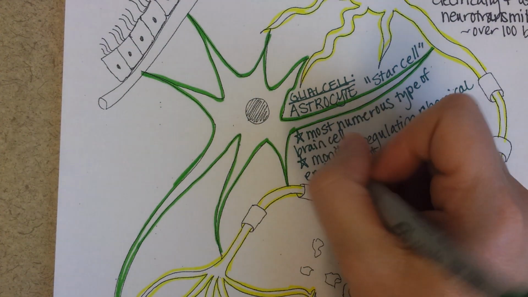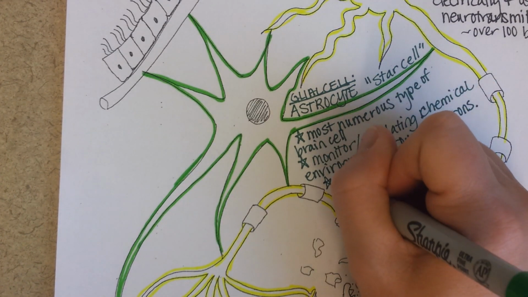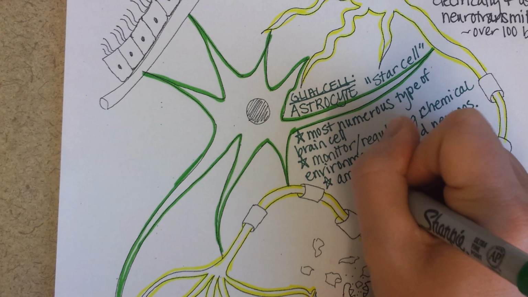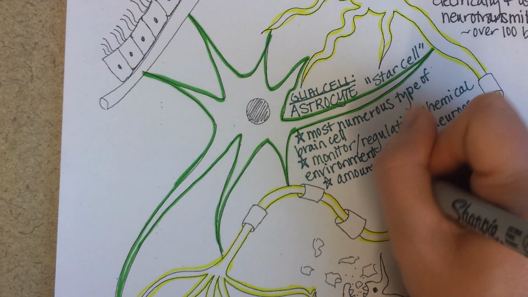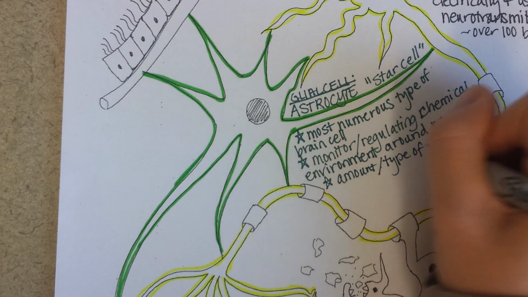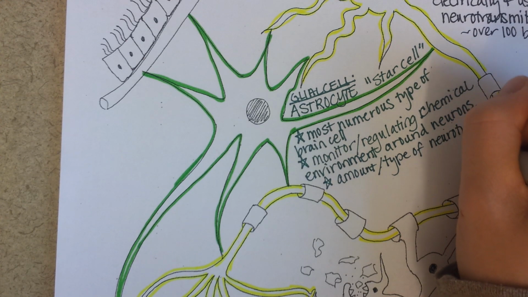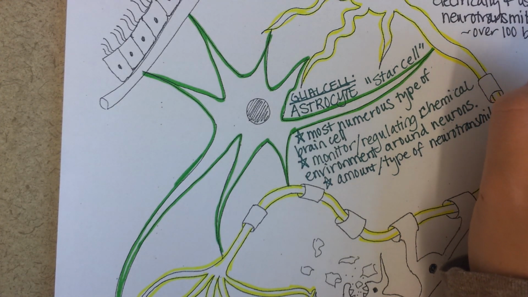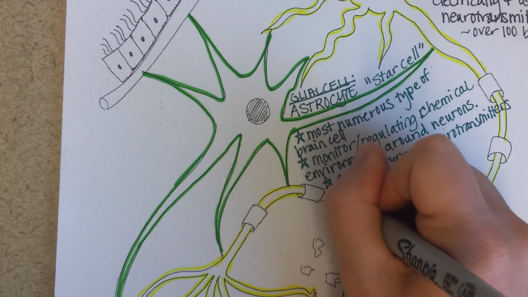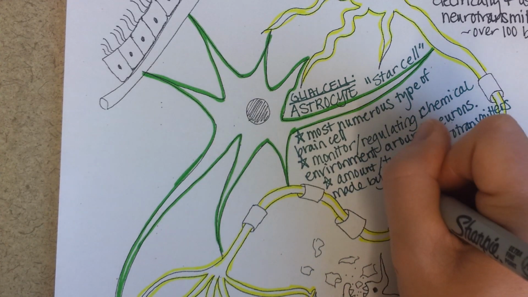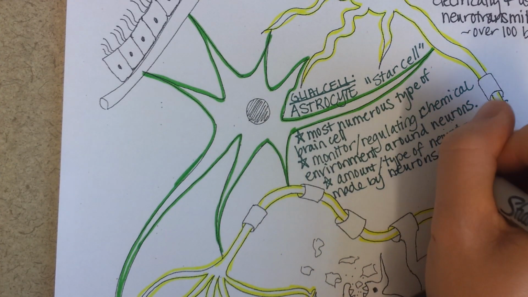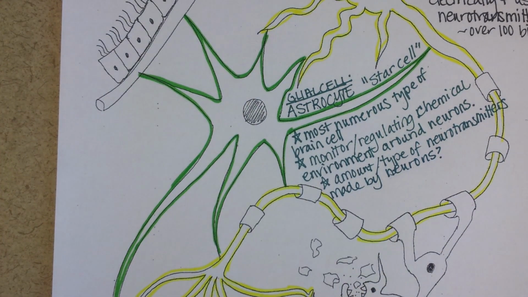It seems to also play an important role in the amount and even type of neurotransmitters made by neurons. I'll put a question mark there. It's something that they're studying currently.